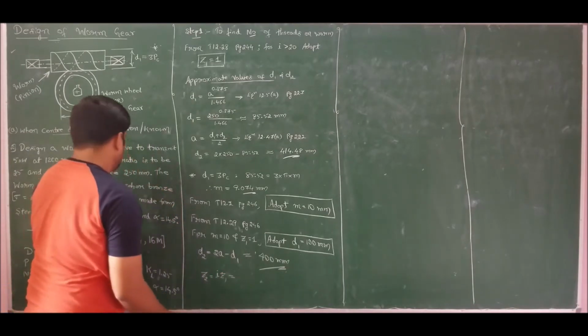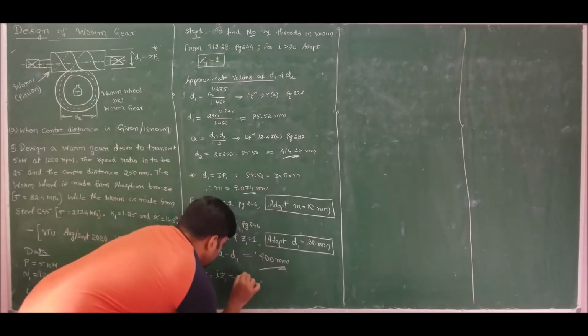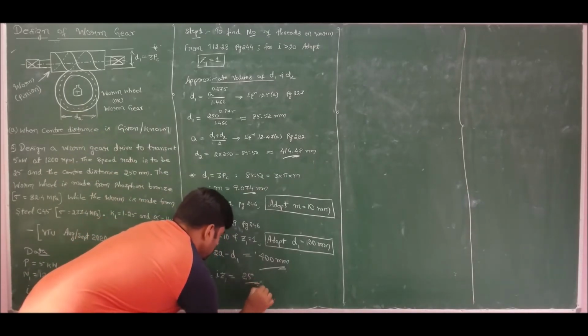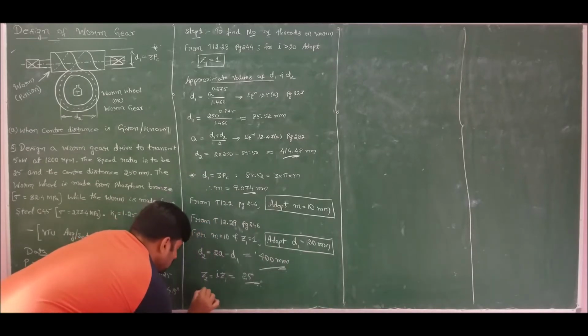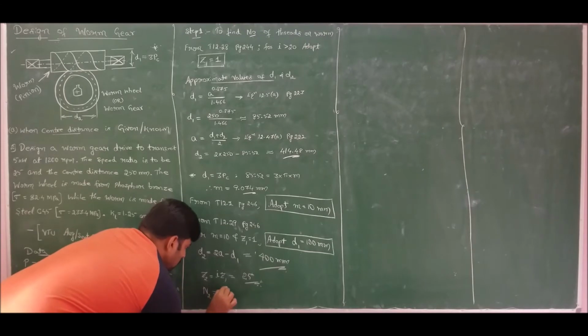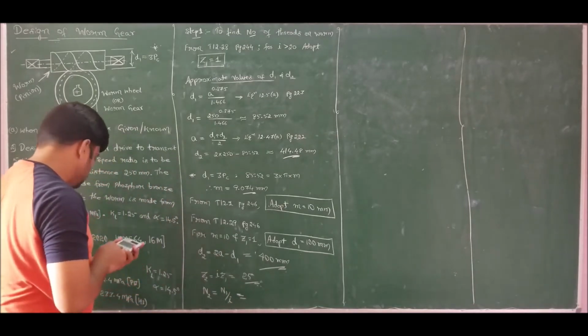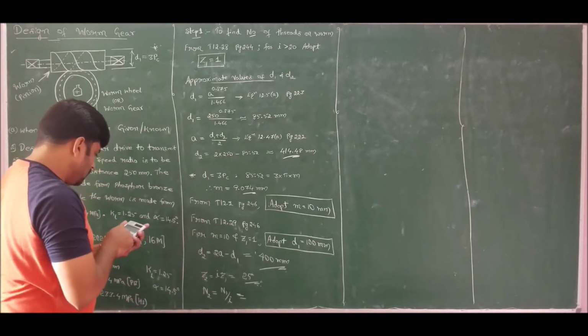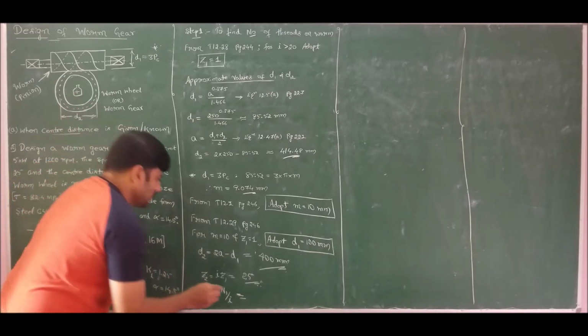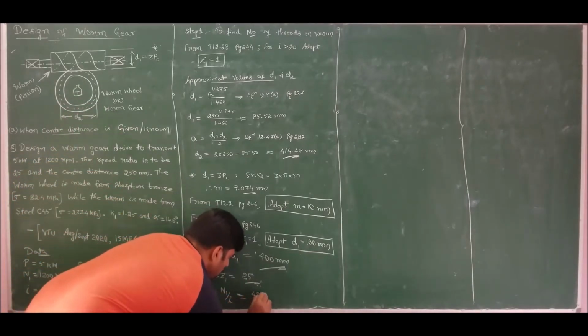Since Z1 is 1, and the speed reduction ratio is 25, Z2 will also be 25. Coming to speed N2, we know that I is equal to N1 by N2, so N2 is N1 divided by I. He has clearly specified the value of N1 as 1200. 1200 divided by 25 is 48 RPM.